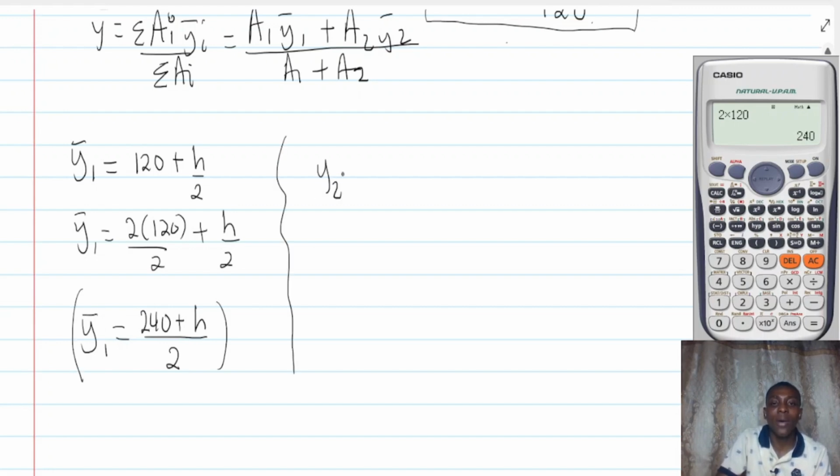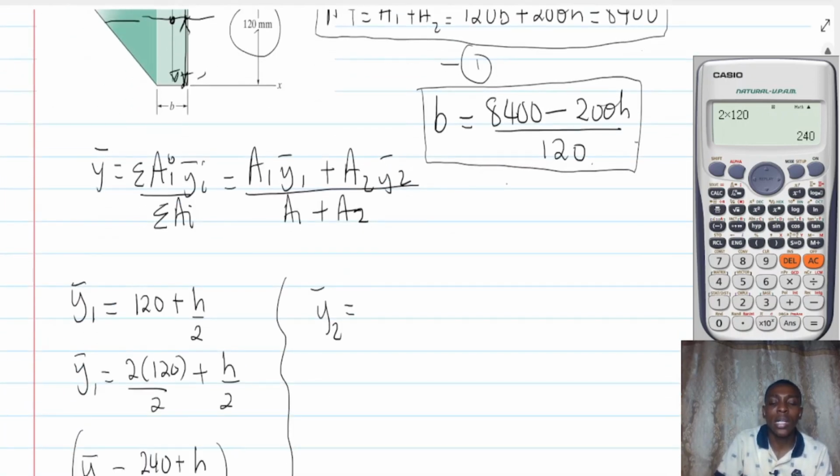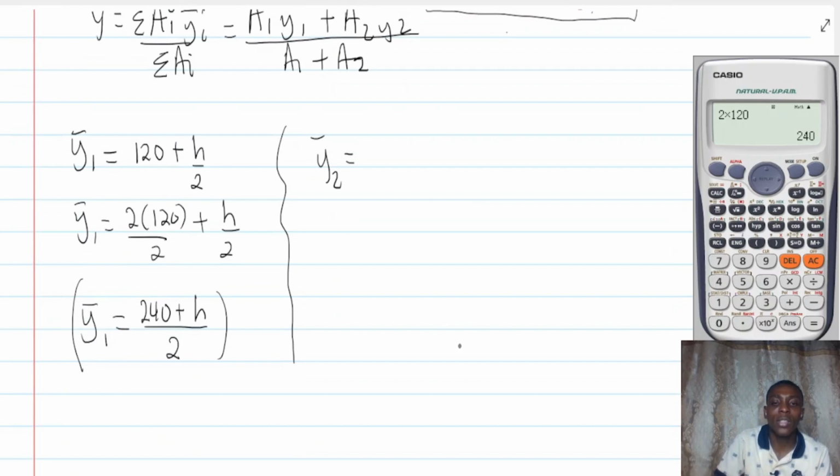Again, to calculate y bar 2, this is area 2, so all the way to halfway here from the origin, that is going to be half of 120, which is 60 millimeters. We don't need to calculate this further.